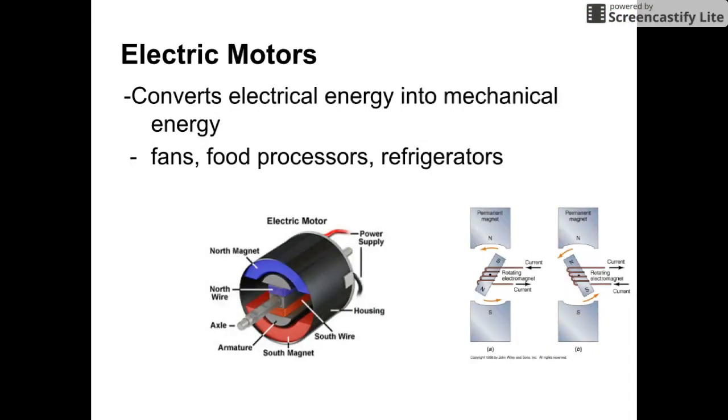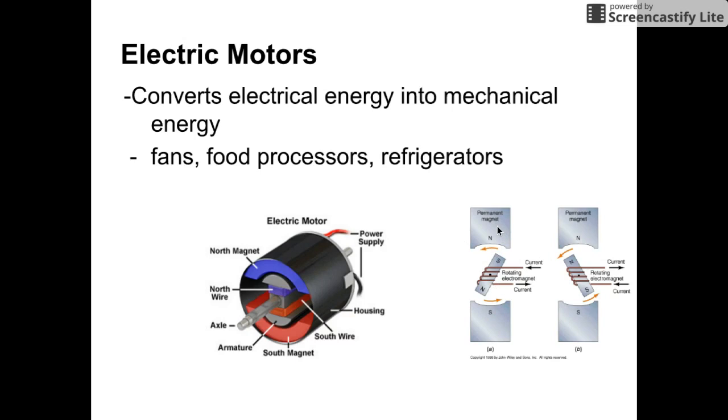So over here in the picture, you can see that the current comes in, causes the electromagnet to rotate inside where this permanent magnet is, and that constant motion of that rotating electromagnet will cause the axle that's attached to it to spin as that electromagnet is spinning inside the area where there are permanent magnets.